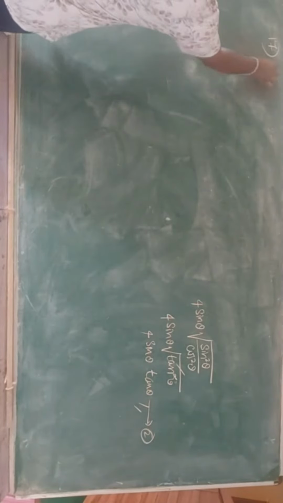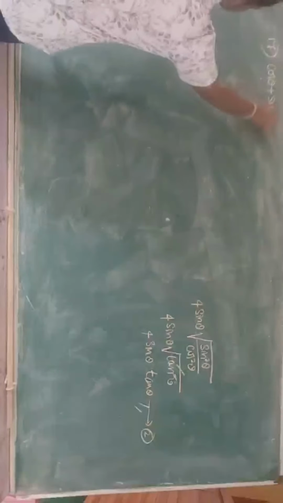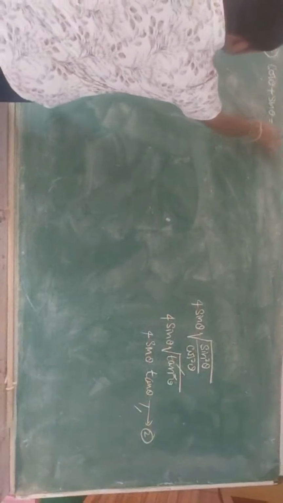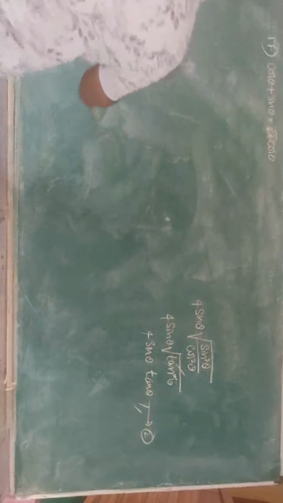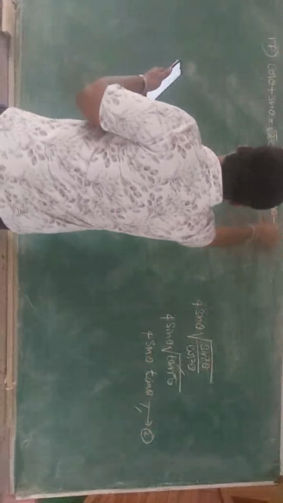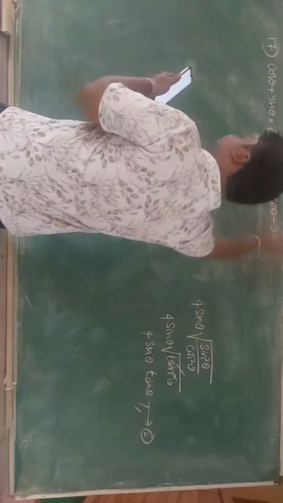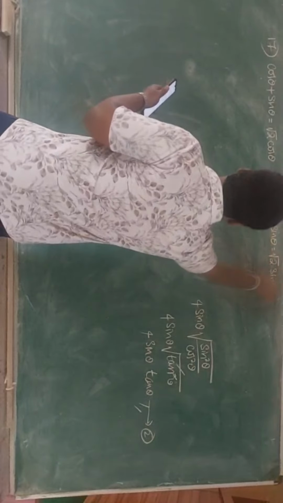Cos theta plus sin theta is equal to root 2 cos theta. Show that cos theta minus sin theta is equal to root 2 sin theta.